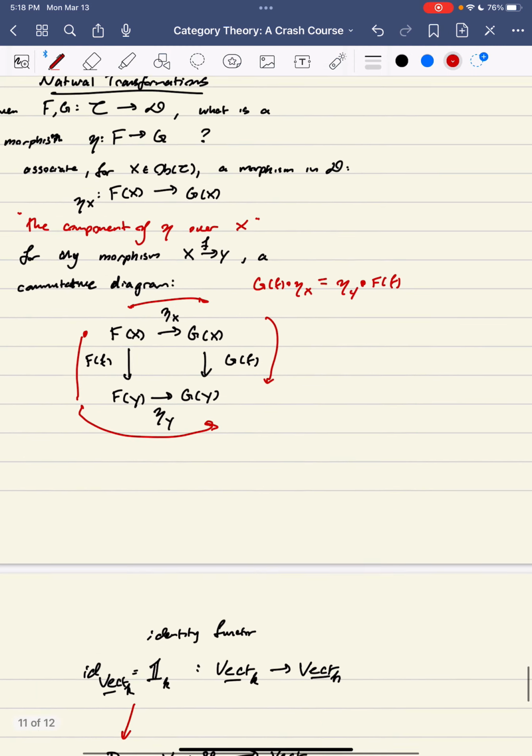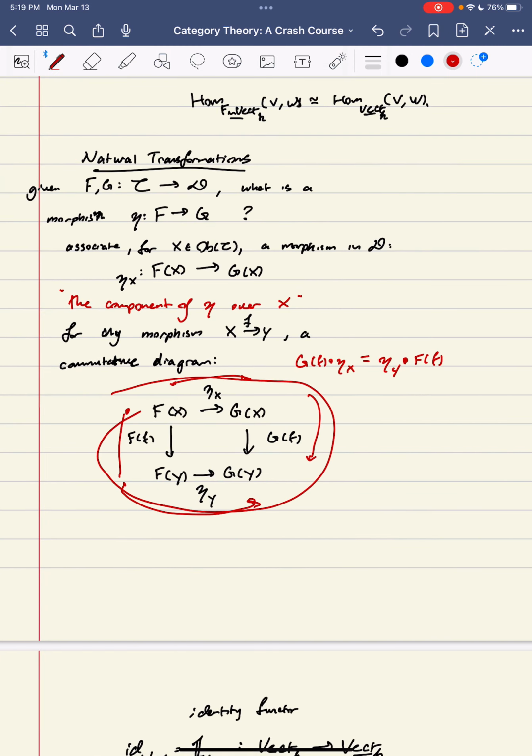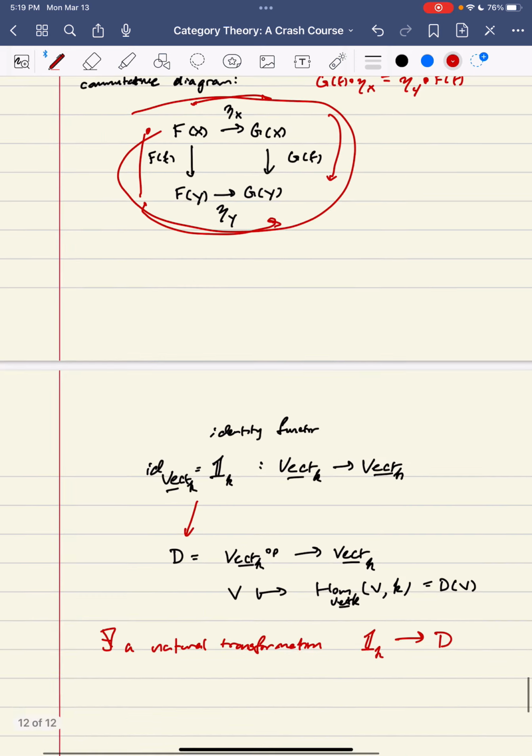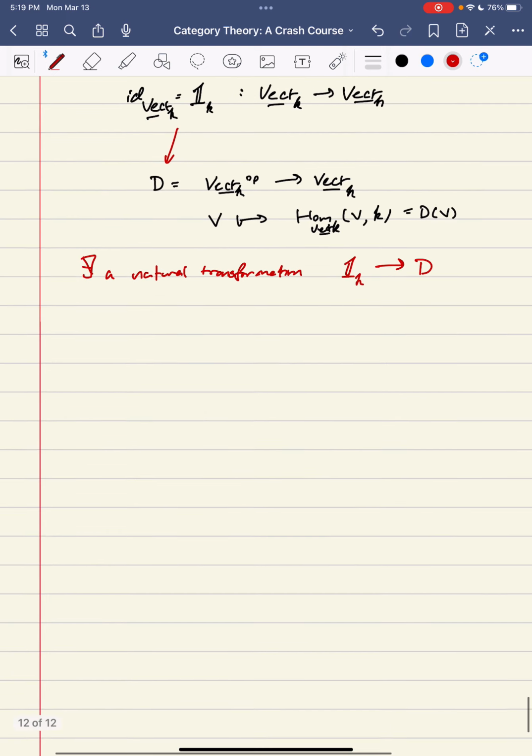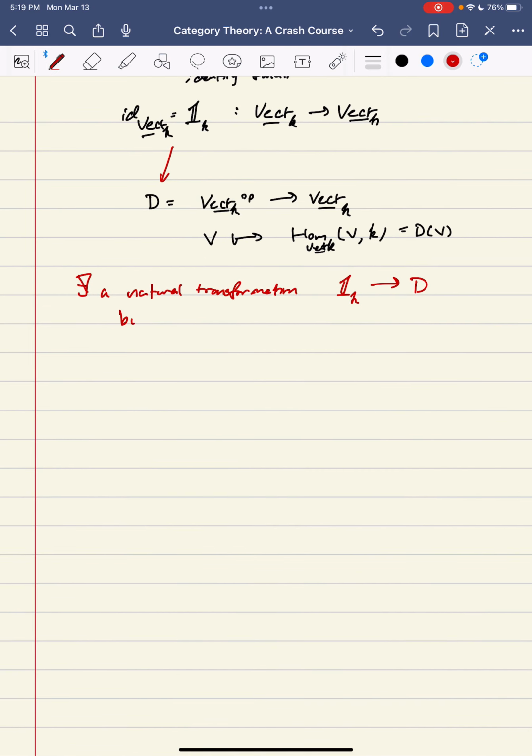The commutative diagram we'd want to draw right here wouldn't work out because the direction of the morphisms would go the wrong way. But there is one. This does work for the functor D squared, the double dual.